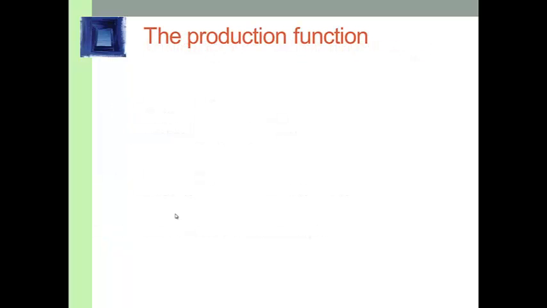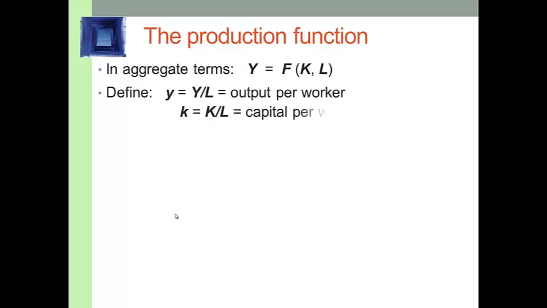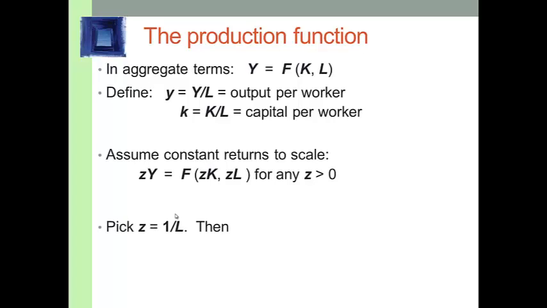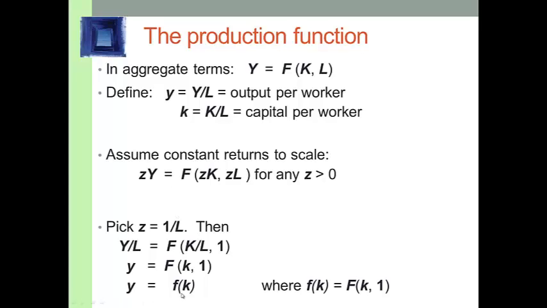Let's look at the production function. Our production function is also familiar from previous discussion. Here we do a little bit of algebra and express our production function as output per worker as a function of capital per worker.